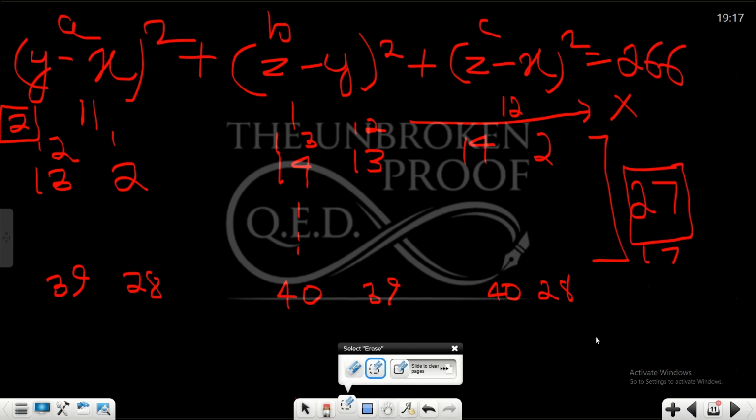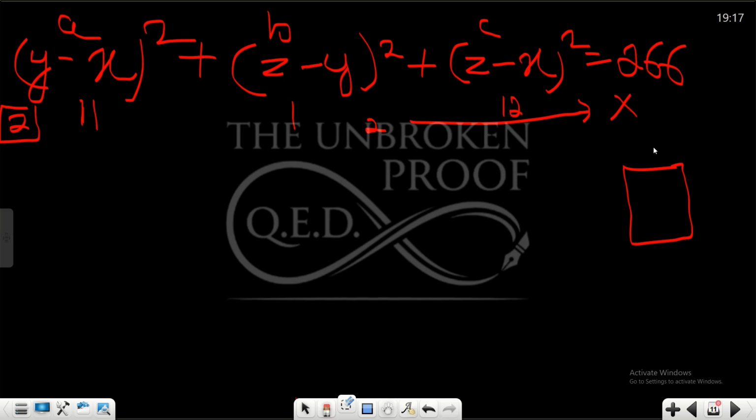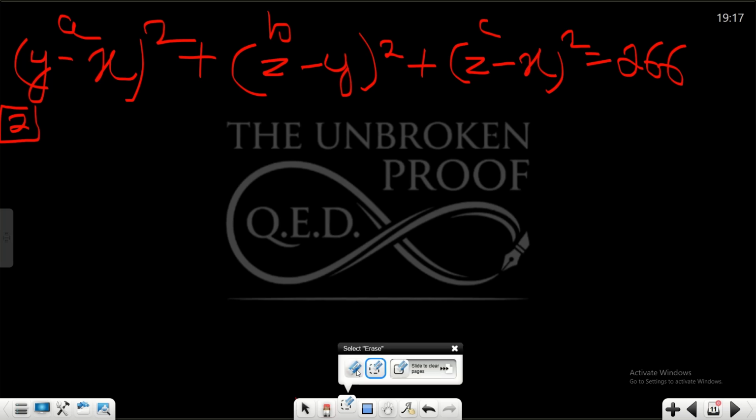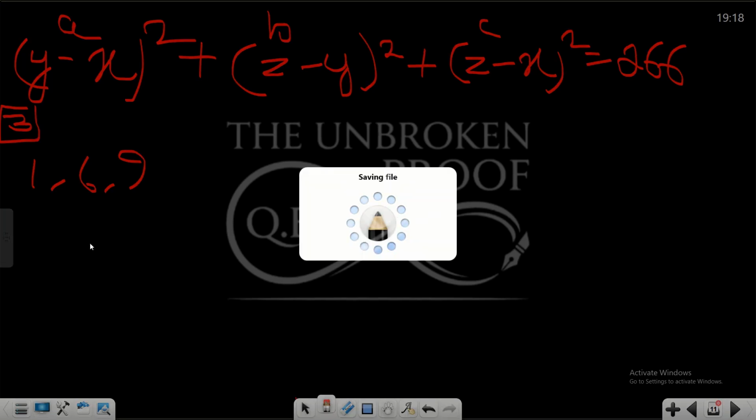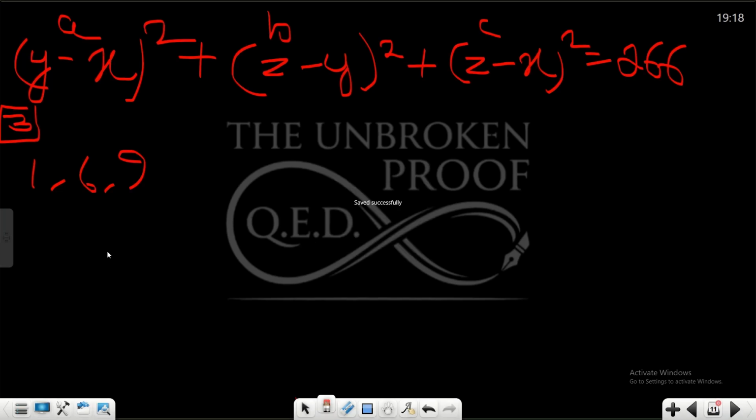wait a second, let me clear it up. Okay, so I cleared the previous one. Now let me read the third case. For 1, 6, 9, the possibility is that you can take 9 square plus 4 square plus 13 square.